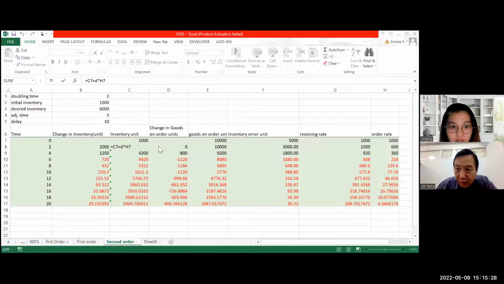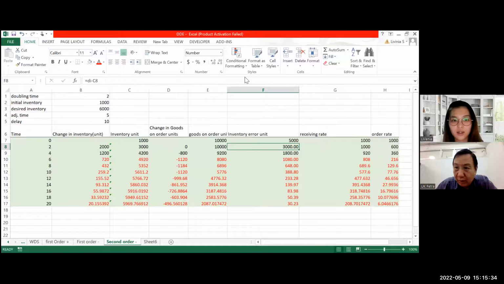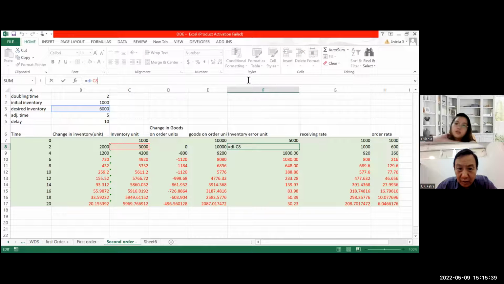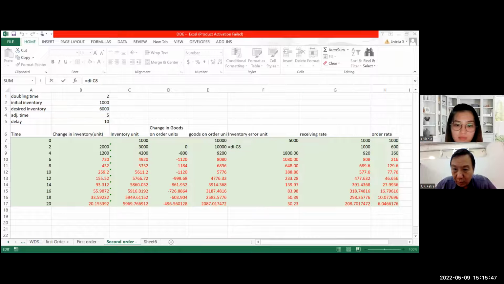What is the inventory error? The inventory error is one. Oh, that one is correct. Inventory minus, correct. I don't know. What makes it different?